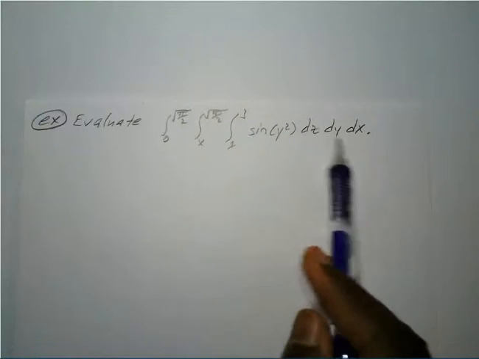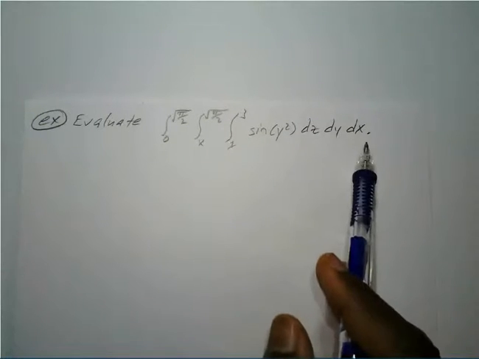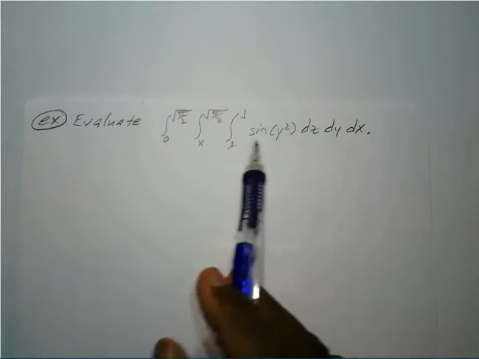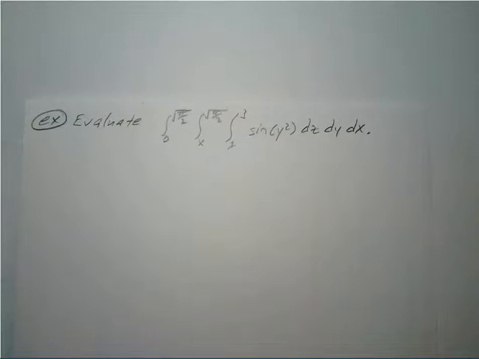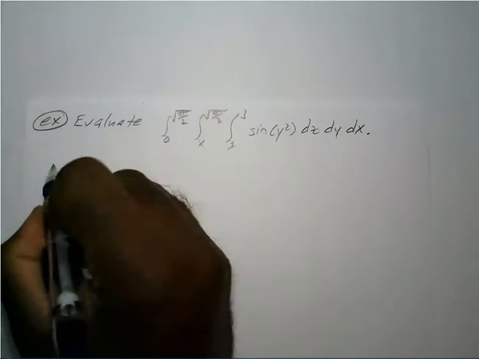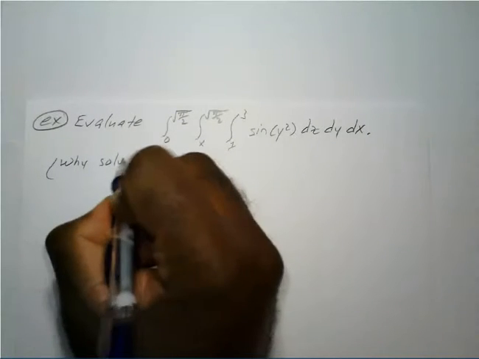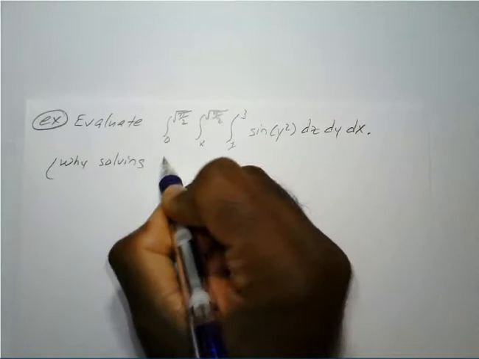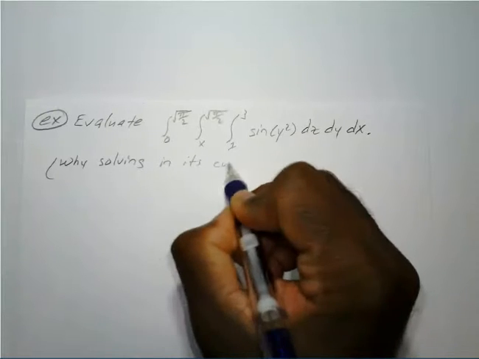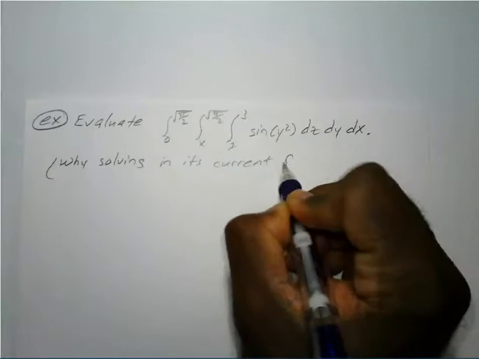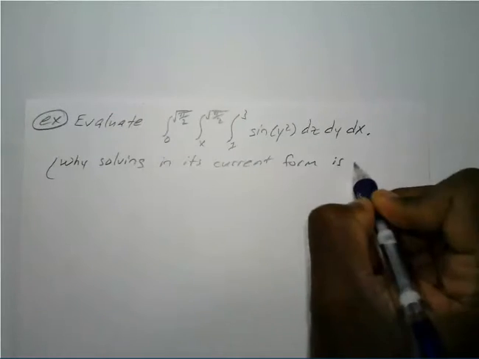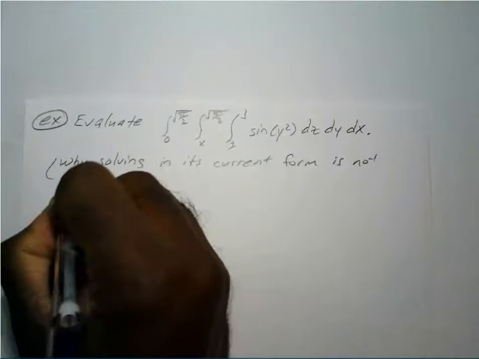Because currently the way this is set up, it will cause you to have to do a lot of extra work. Okay, so let's say solving in its current form is not the most convenient.